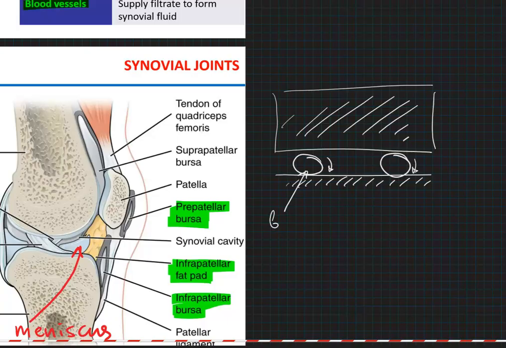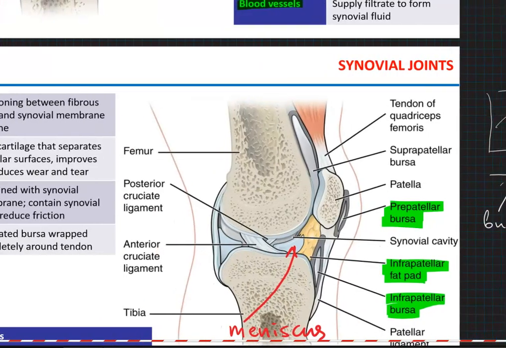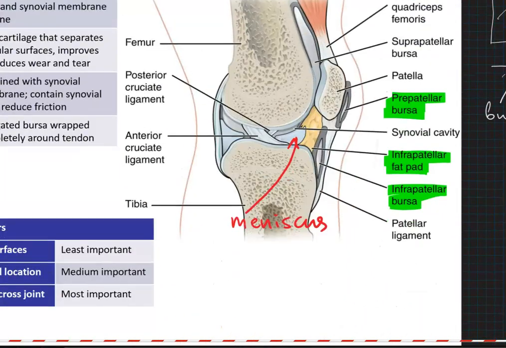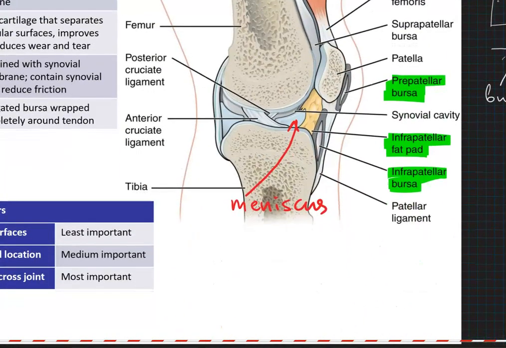This is a bursa. Inside of the bursa is synovial fluid. Okay? So effectively, when you look at this image, that gray stuff in the bursa is the synovial fluid.